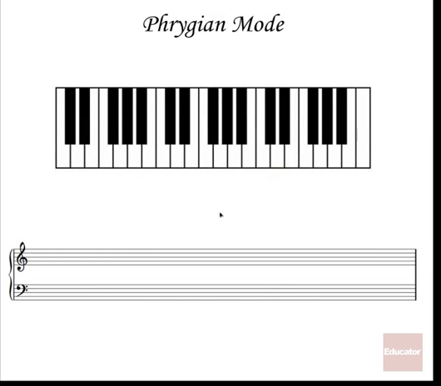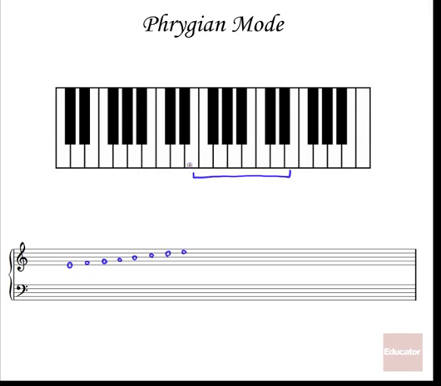Okay, the next mode we will go up from D will be from E to E. And let's write that up here. So this is the Phrygian mode, and let's examine how this differs from the minor scale since it has a minor third in it.